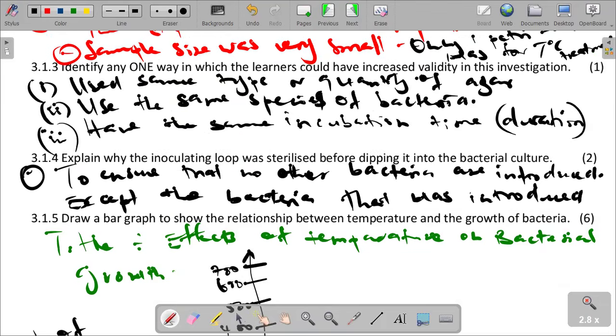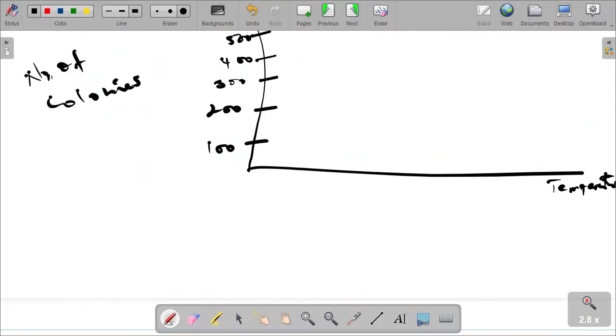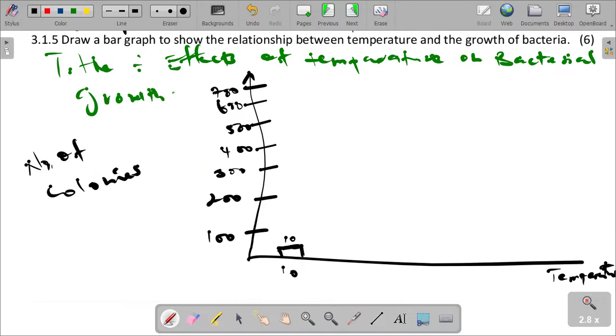At temperature 10, we have 10. One thing I want you to take note of is that a bar graph can be drawn without the bars touching each other.